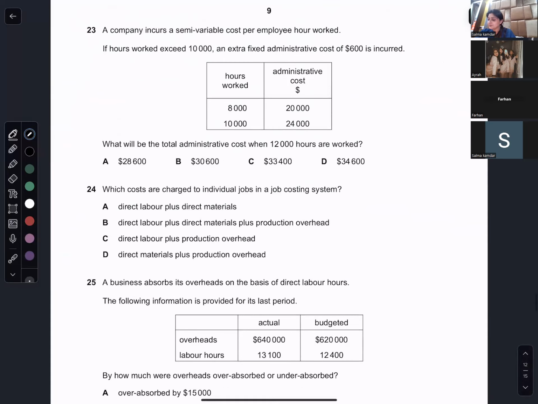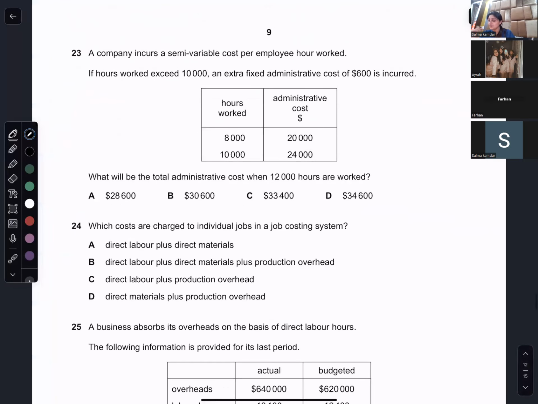So question 23. Total administrative cost when 12,000 hours are worked. Can you read the question, Farhan? Yes. Question number 23 incurs a semi-variable cost per employee hour worked.